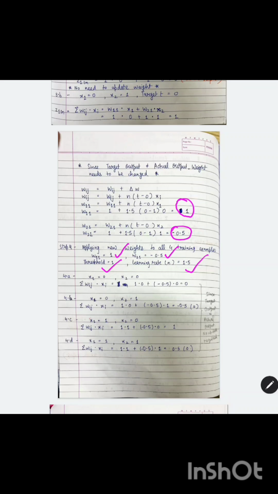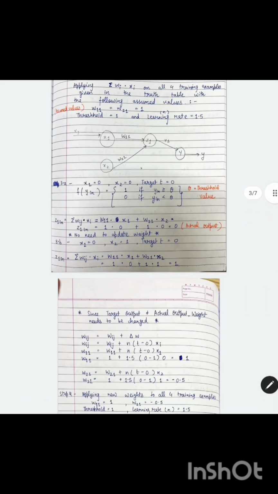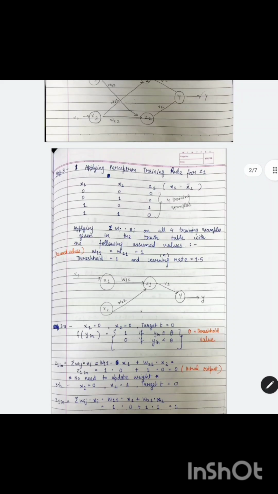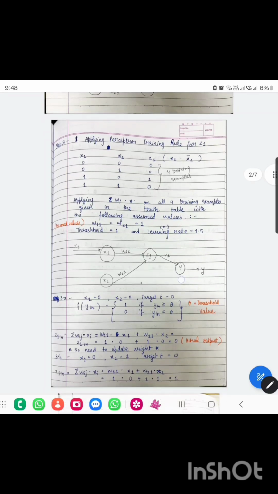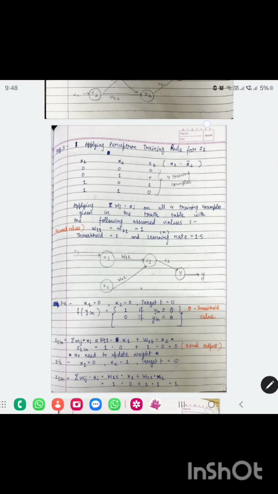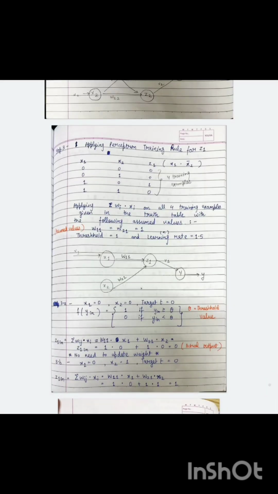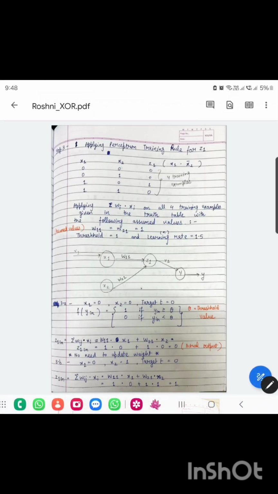Alright, now what we have to do with these new weights is apply sigma Wi Xi again to all the training examples, which are these 1, 2, 3 and 4. So we will apply the same values. For the first case, x1 is equal to this, and x2 is equal to this.